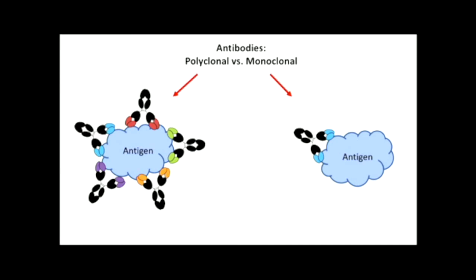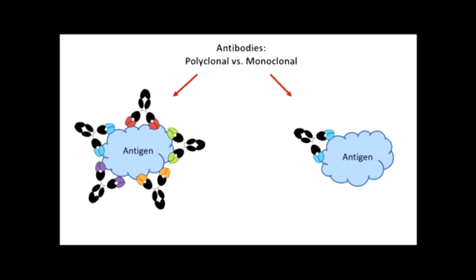Does that make sense? We talked about how one antigen can have different epitopes. So these polyclonal antibodies will recognize different epitopes, and they arise from multiple B cell lineages. You have all of these different plasma cells that recognize a different epitope on an antigen and then generate antibodies for those different epitopes.